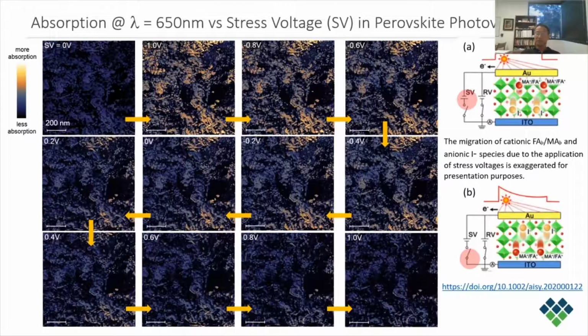The last image at +1 volt is similar to the original image at 0 volt, suggesting that the electric field-induced ion migration in the perovskite film is almost fully reversible. This shows that visible PiFM can effectively measure the performance of the photovoltaic film and complement the chemical understanding of the photovoltaic materials that can be gleaned from IR PiFM.